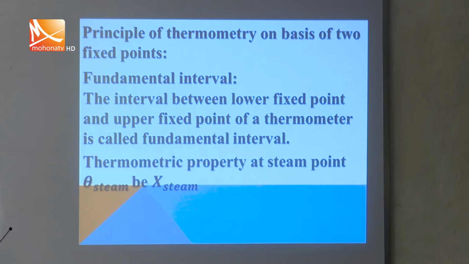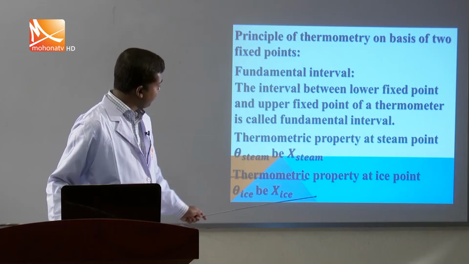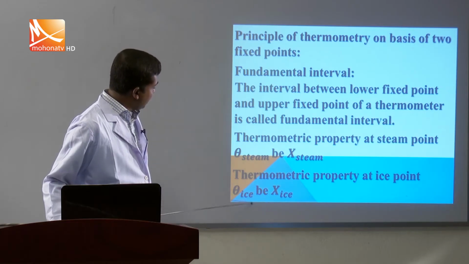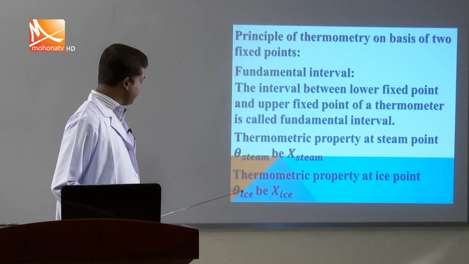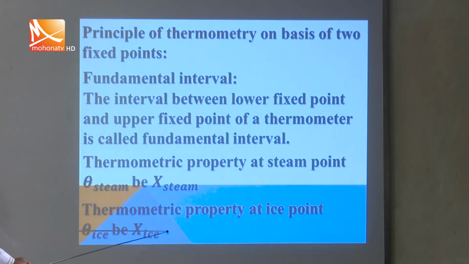The thermometric property at the steam point is x steam, and here the temperature is theta steam. That means theta steam denotes the temperature and x steam denotes the thermometric property at the steam point. Similarly, when the temperature is theta ice, the thermometric property is x ice.